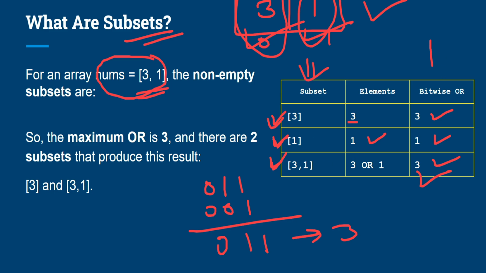If you operate on the elements of the subsets, you will get 3, 1, 3. As you can see, here is the maximum value. Maximum OR is 3. So there are two subsets that produce it, the very first is this and this. Let's understand further.